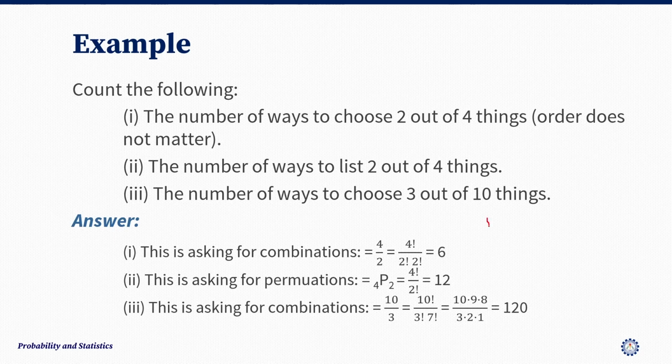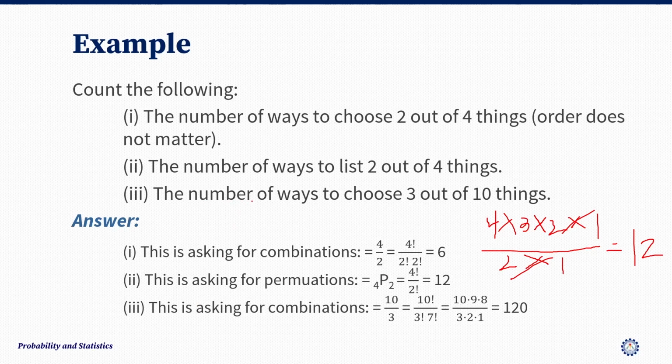If we compute that, we have 4 times 3 times 2 times 1, divided by 2 times 1. If we simplify the equation, we cancel this one, and we result in 4 times 3 is 12. So that's how we manage to get the result.